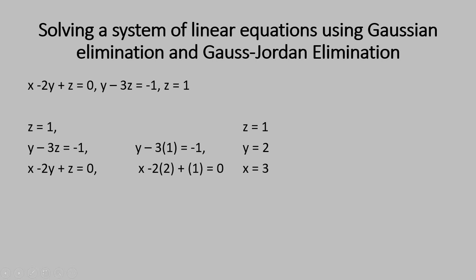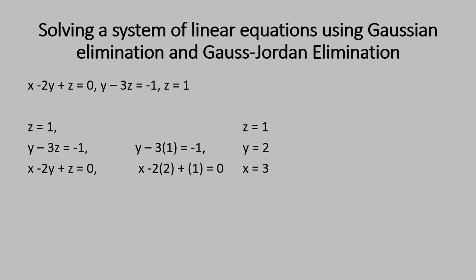From the first equation, we know that x minus 2y plus z is equal to 0. We know that z is 1 and y is 2. We make those substitutions and solve for x, and we get x equal to 3. So the solution is x equal to 3, y equal to 2, z equal to 1.